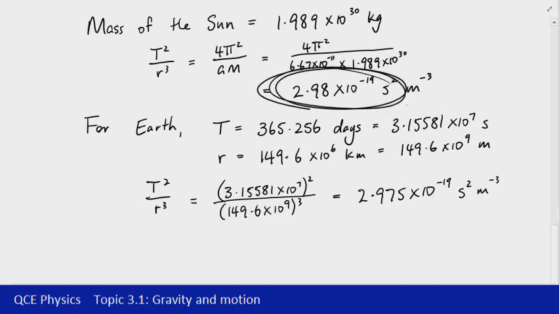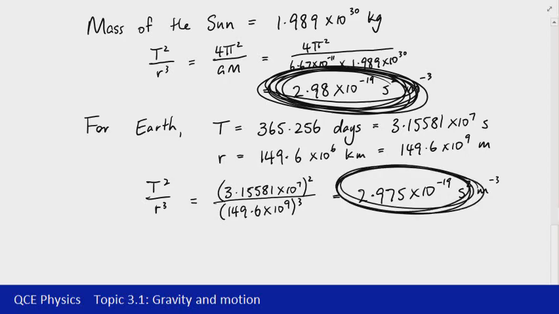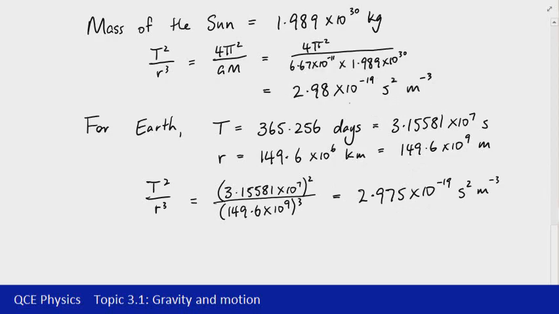So you can see those two values, 2.98 by 10 to the negative 19 and 2.975 by 10 to the negative 19, are fairly close. We can see that Kepler's law does seem to hold when we consider those two different perspectives, the mass of the Sun and then the orbital data for the Earth.